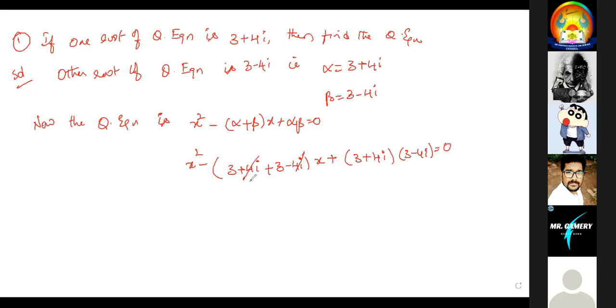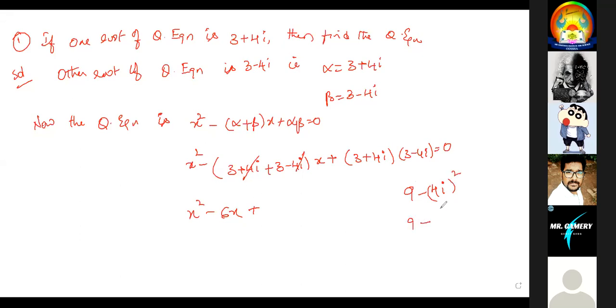The plus 4i and minus 4i get cancelled. It is in the form of (a plus b) into (a minus b).